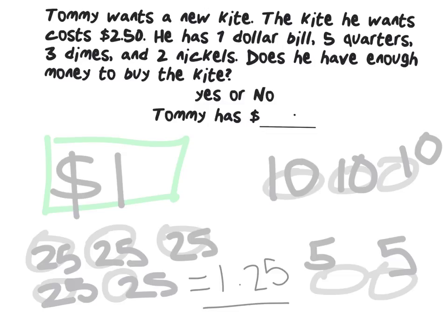So now we are going to count our dimes. We have 10 plus 10, which is 20, and by adding another 10 to that, we're going to get 30 cents in dimes. And lastly, we're going to count our nickels. So we just have 5 plus 5, which we know equals 10 cents.